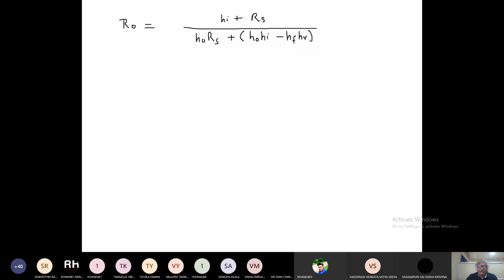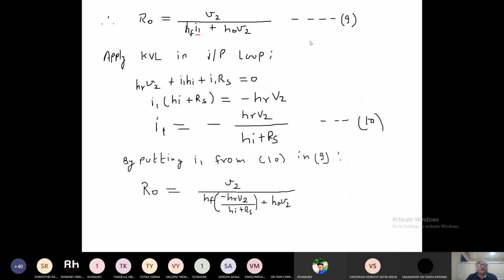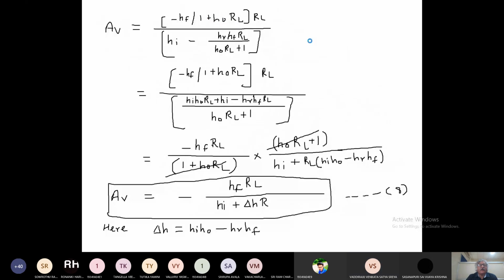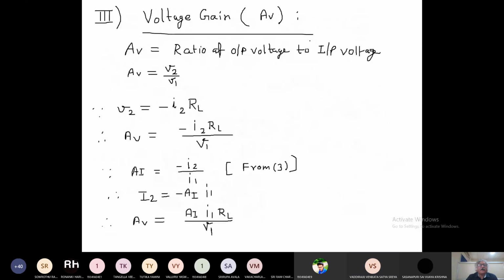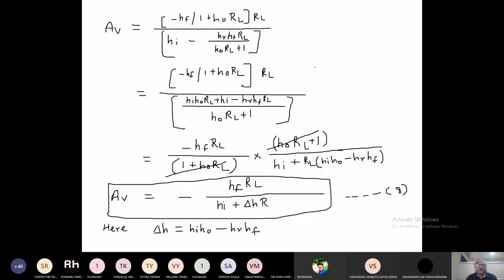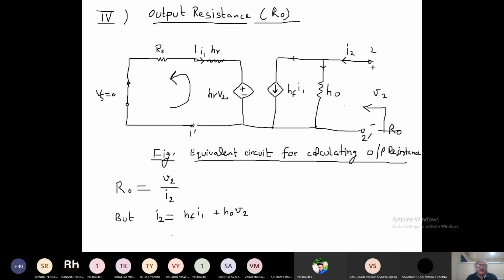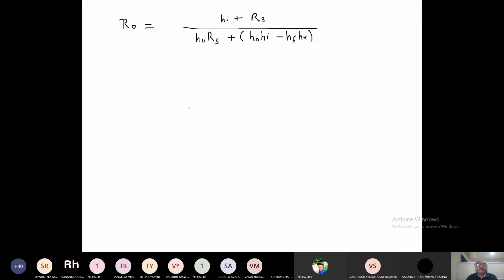Now, if you remember when we were calculating the voltage gain, this term you see here, H_I H0 minus HR HF, we denoted by delta H. So you can find the same term is there, HI H0 minus HF HR.